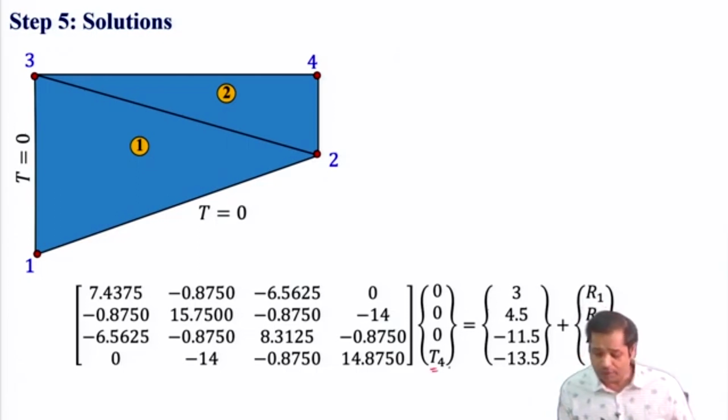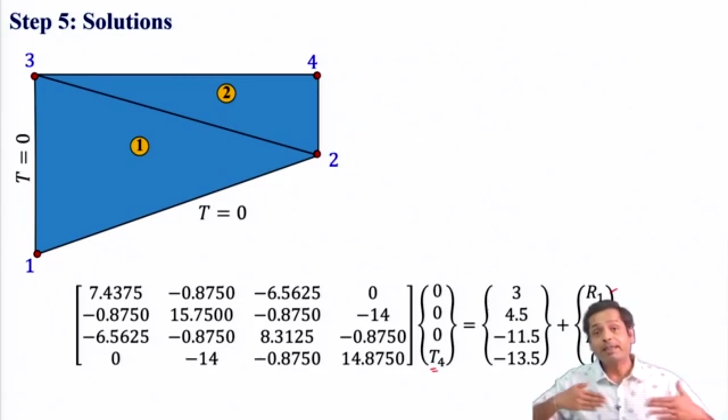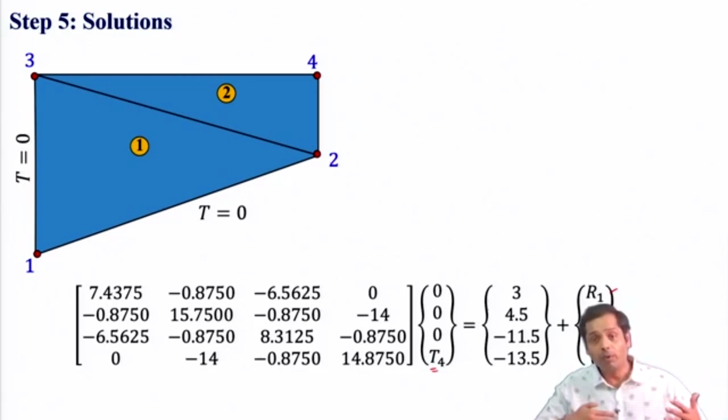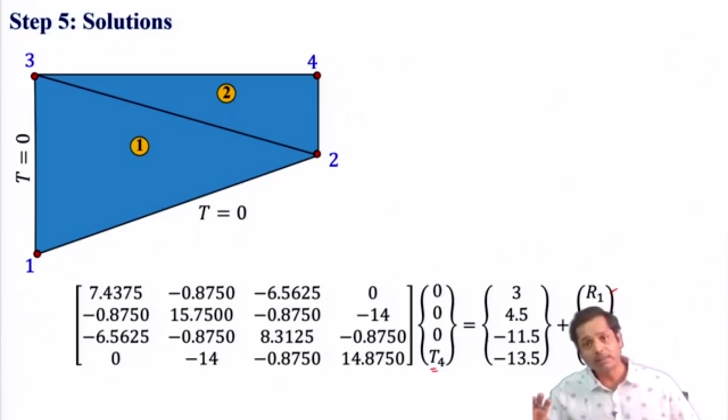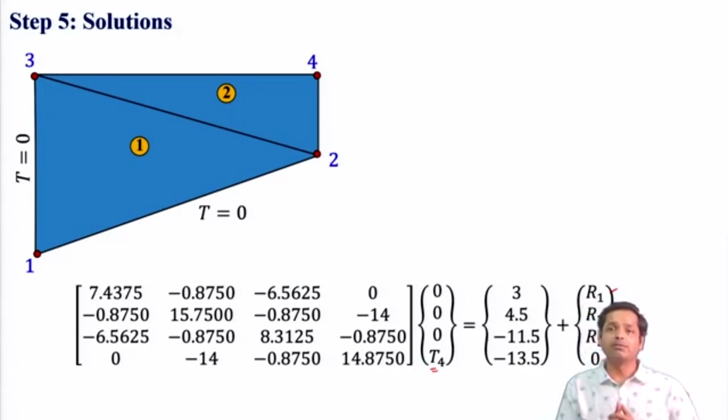Here T4 is unknown, and R1, R2, R3 are unknown. So we essentially have 4 unknowns and 4 equations. Based on what information we know and do not know, we need to partition the entire equations, and that will give us the condensed equation.